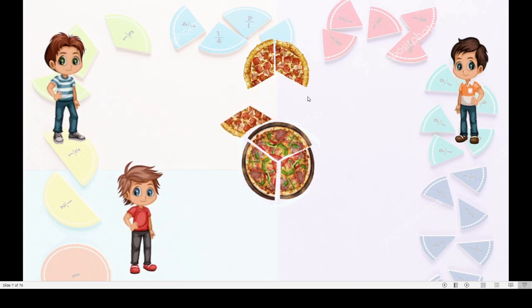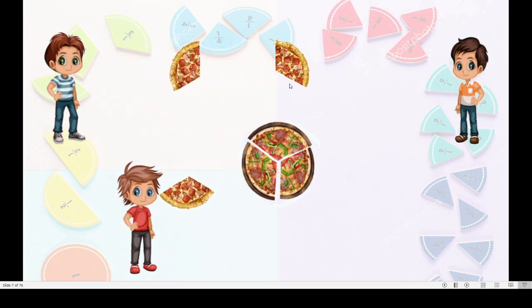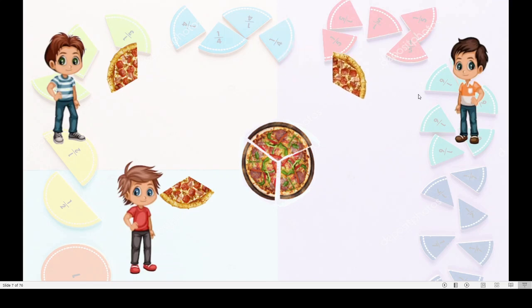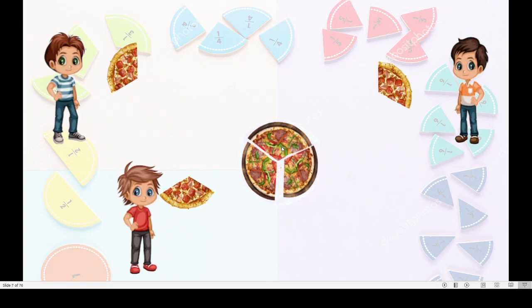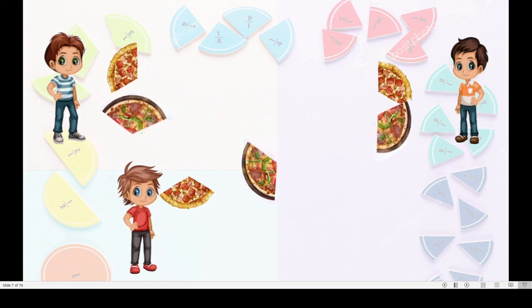And one piece we will give to this boy and one piece to this boy, that is 1 upon 3, isn't it? This is also 1 upon 3 and 1 upon 3 to this boy. Now we will move to this pizza. Here also we will distribute one piece to each child.